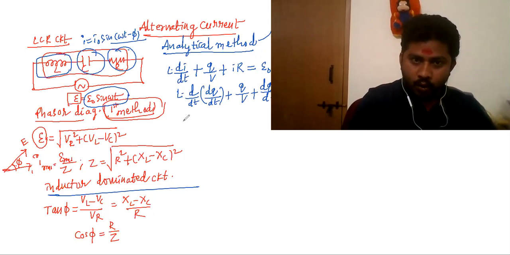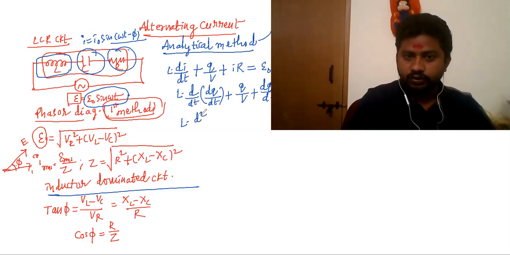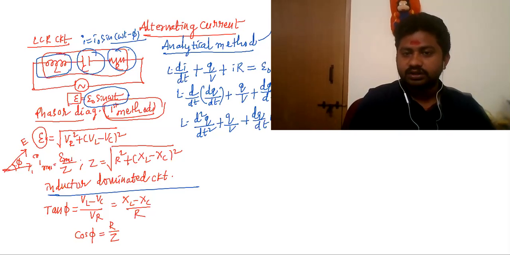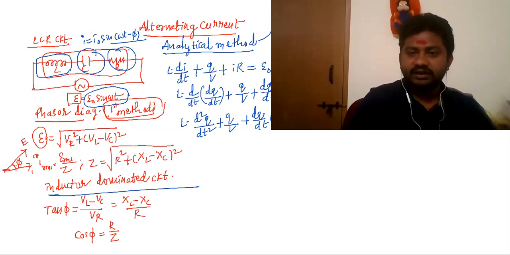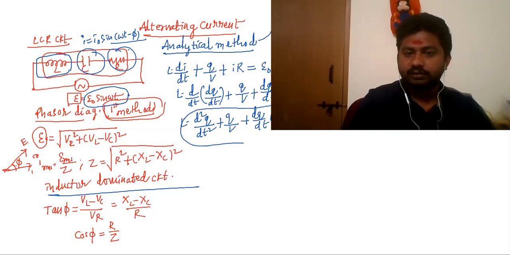Once again, L into d square q by dt square plus q by C plus dq by dt into R is equal to E naught sine omega t. So we have got a differential equation, my dear students.